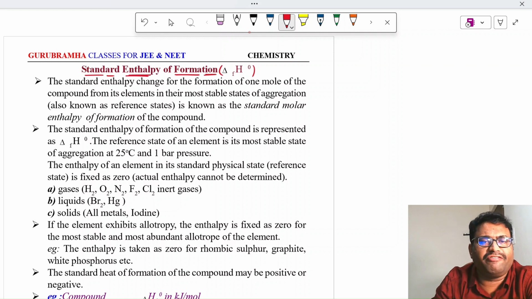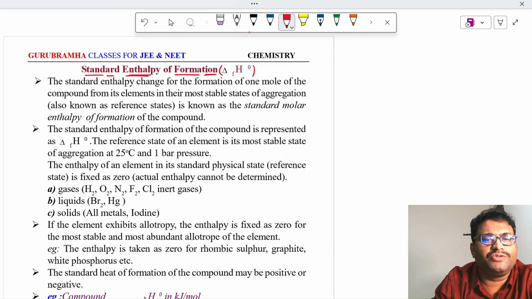So this enthalpy of formation means that during a reaction, compounds are formed. When compounds are formed, or when some substance is formed, there can be a net release of energy or a net absorption of energy.